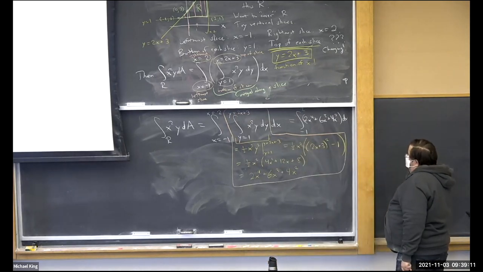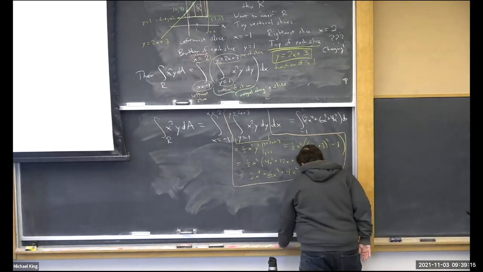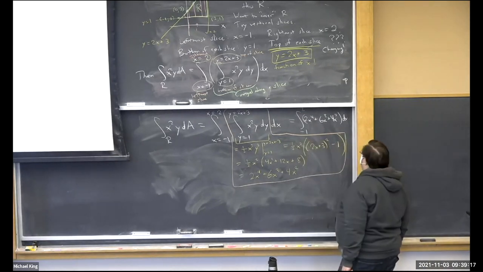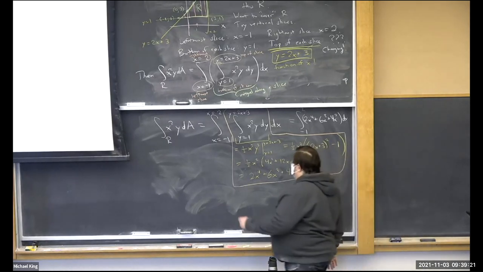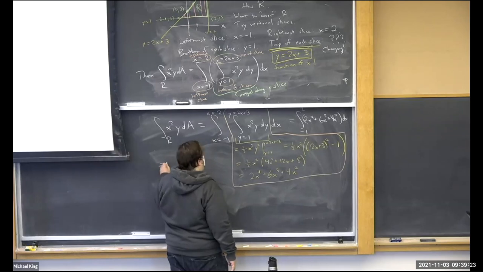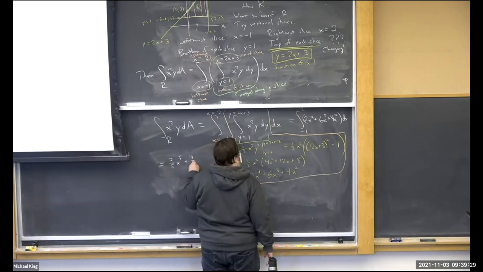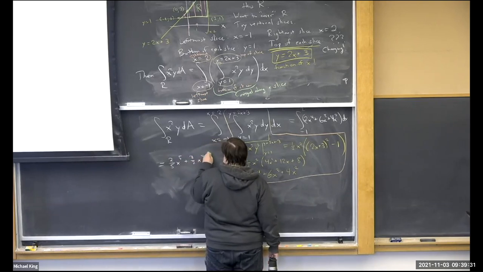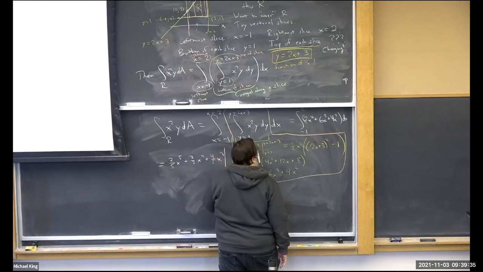Right. And now it is just a matter of actually doing it and getting a number. But it's going to be something kind of unpleasant. But let's just quickly do something like this.